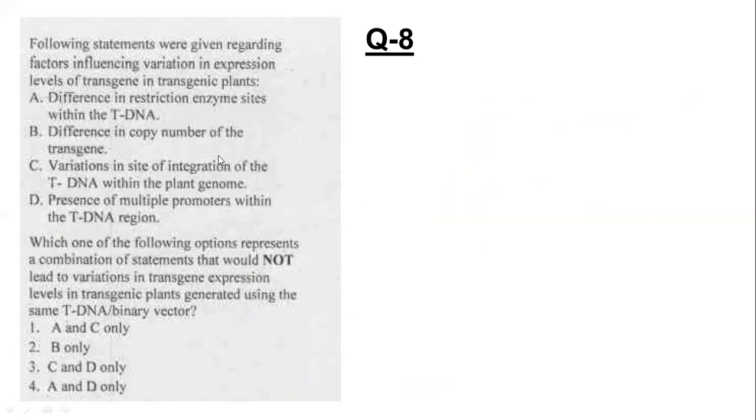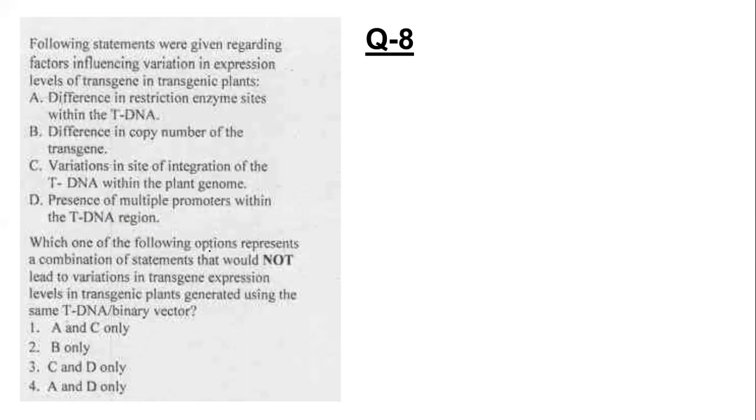Difference in restriction enzyme site within the T-DNA, difference in copy number of the transgene, variation in the site of integration of the T-DNA within the plant genome, presence of multiple promoters within the T-DNA.